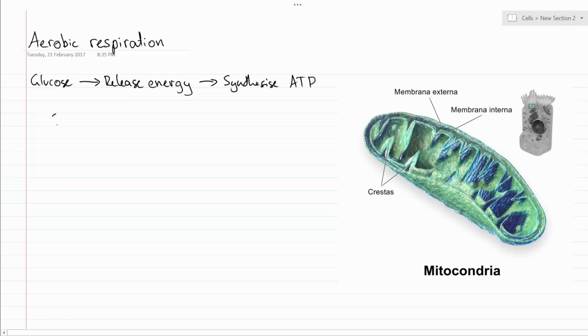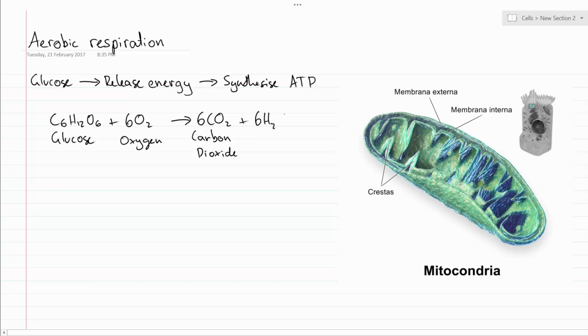So we're going to see C6H12O6, which is glucose, in the presence of 6 oxygens, be broken down into 6 carbon dioxide molecules, plus 6 water molecules, and then some free energy is going to be released.